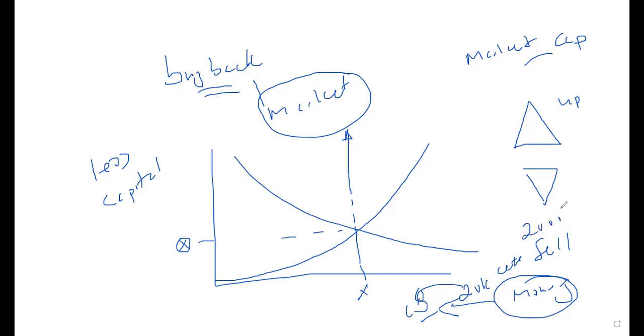So let's say you have 2,000 shares. The value of these shares can go up or they can go down. If the value of the shares goes down, then what do you do? You panic and then you sell your shares. When you sell, you take money, whatever the value is, out of the company, and the company doesn't have money, so its value has gone down.